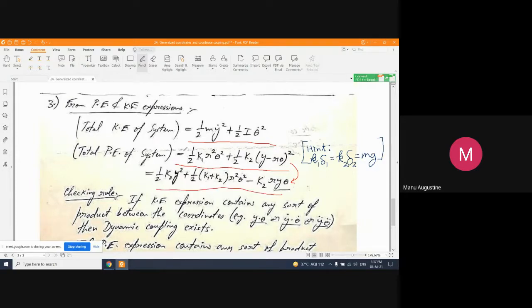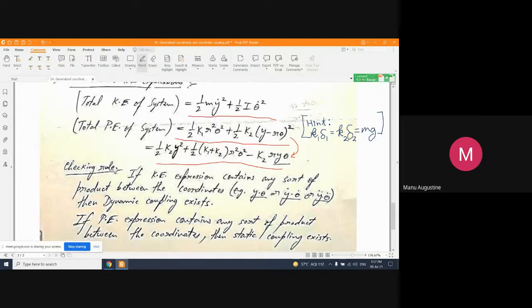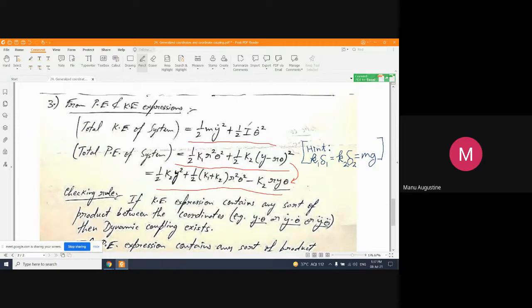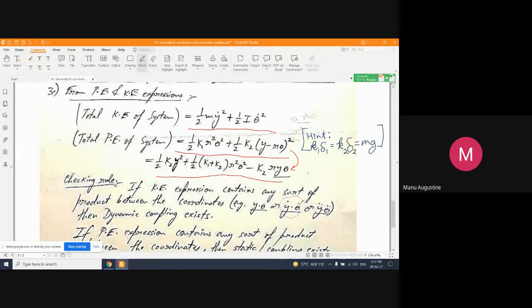Now, what is the checking rule over here? The checking rule is, if the kinetic energy expression contains any sort of product between the coordinates. So what this checking rule is asking you to do is construct the kinetic energy expression and observe the terms inside it. Do you find any term in which either the velocities or the accelerations or the displacements within your generalized coordinate set are getting multiplied with each other?